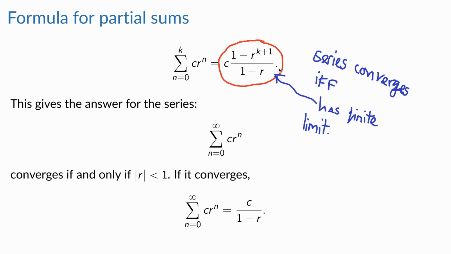And finally, if r equals 1, this formula is invalid, but we also see directly that the partial sums won't converge if r equals 1. So the upshot is that this geometric series converges if and only if the absolute value of the common ratio is less than 1. And in the case that it converges, the series takes the value c over 1 minus r.